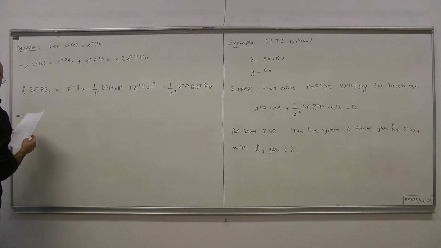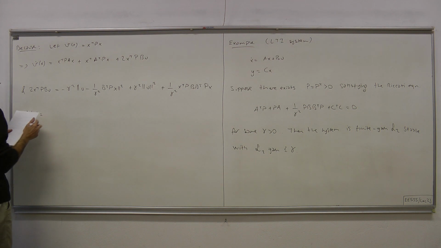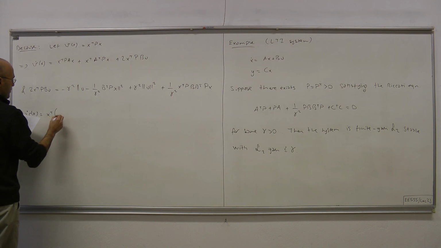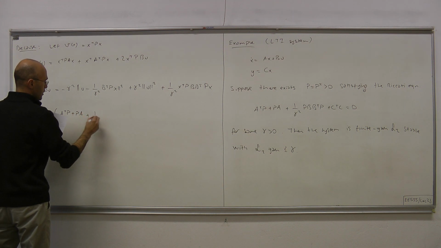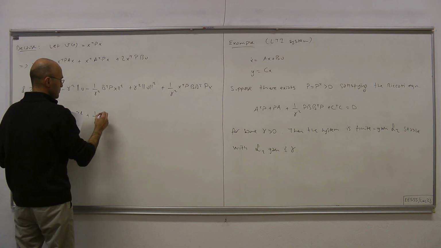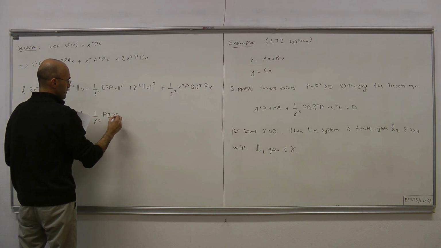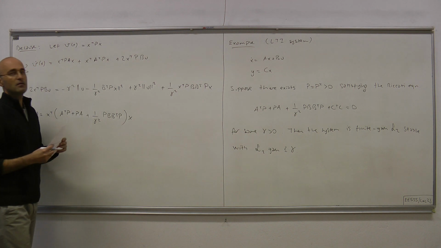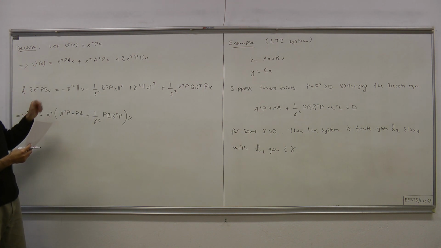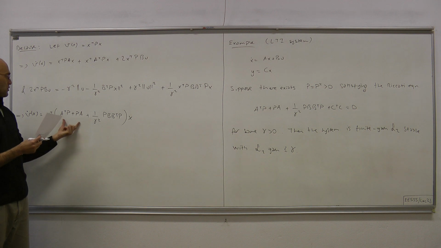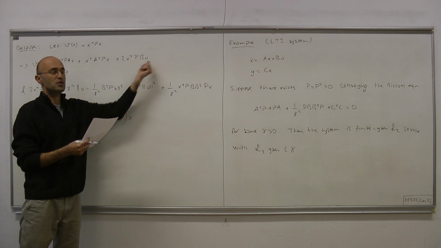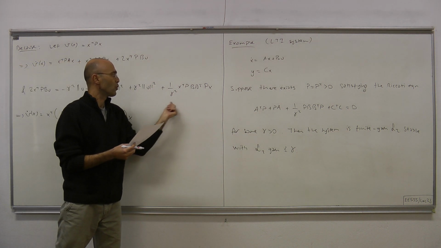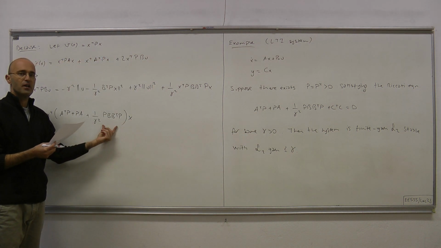So therefore we can write V dot of x equals x transpose times A transpose P plus PA plus 1 over gamma square P B B transpose P, times x. This is V dot of x. We take these two terms and they generate this sum of matrices, and from rewriting this expression we have a term like that, which appears here.